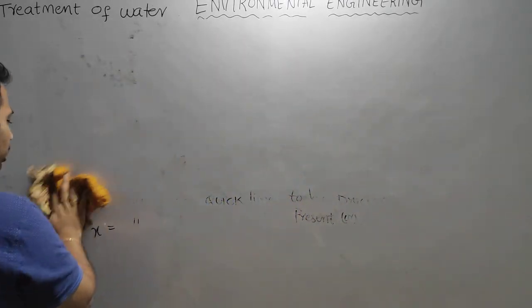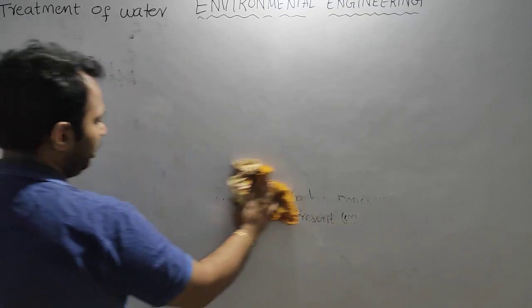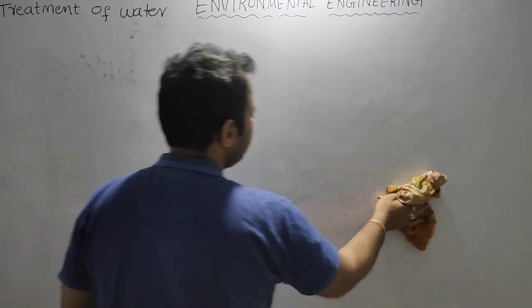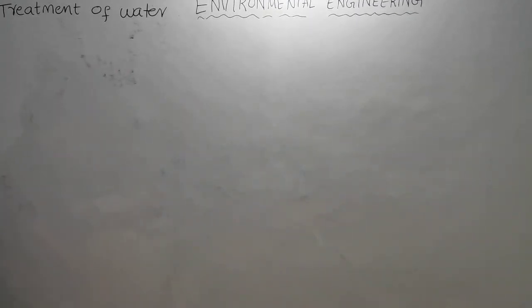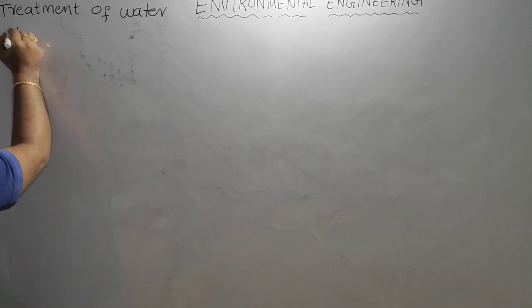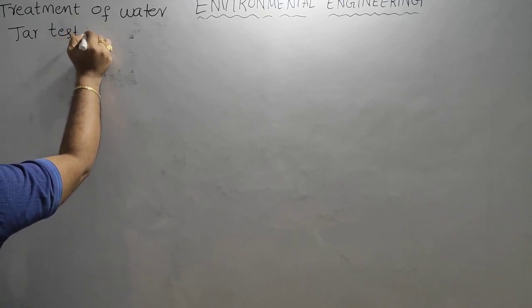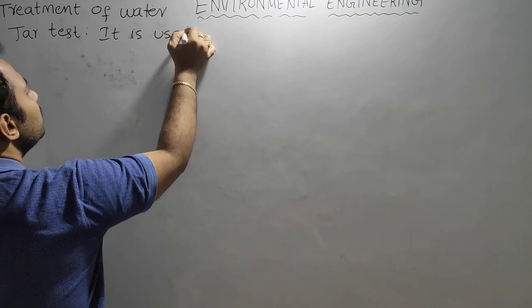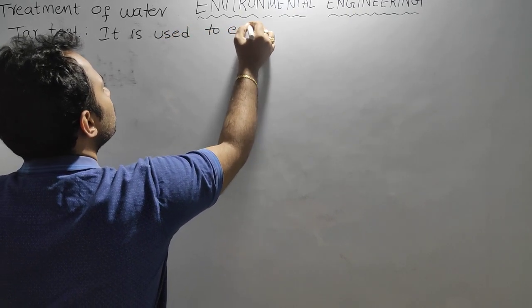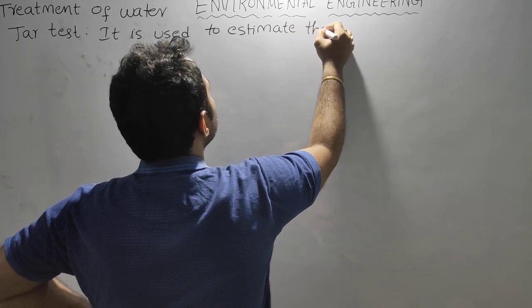In the jar test, generally we take 4 jars, and in each jar we take the alum at different dosages. It is used to estimate the optimum dosage of alum.